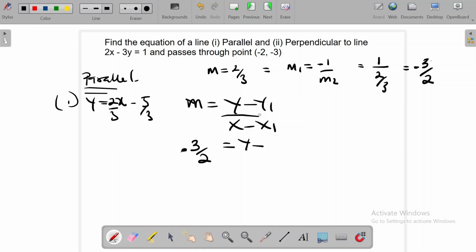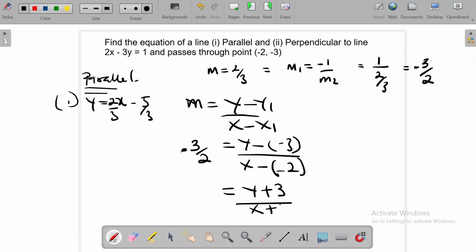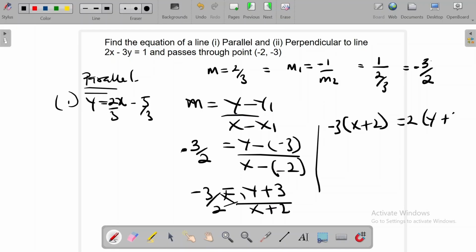Y minus, what is my y1 in this case? That is negative 3. X, this is negative 2. And it becomes negative 3 over 2 is equal to y plus 3 over x plus 2. And you simply get negative 3 times x plus 2 equals 2 times y plus 3.